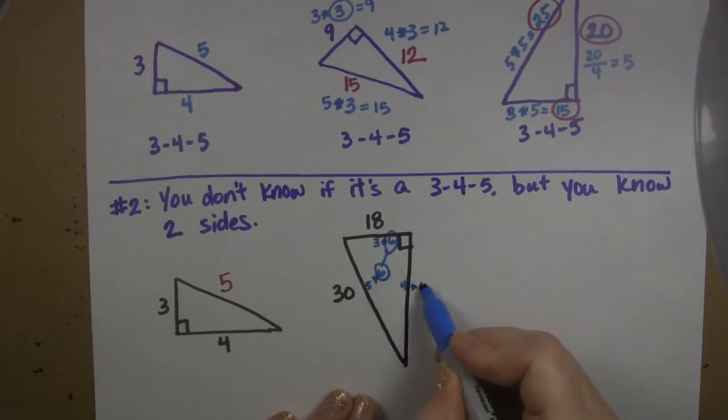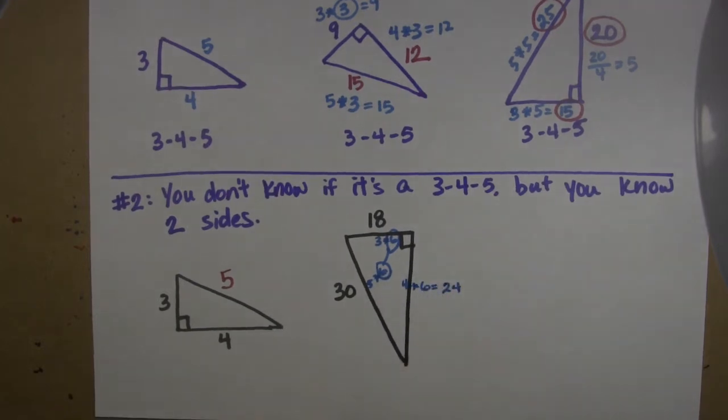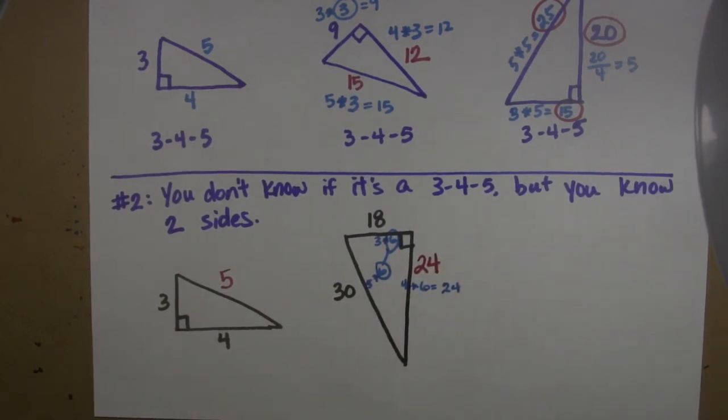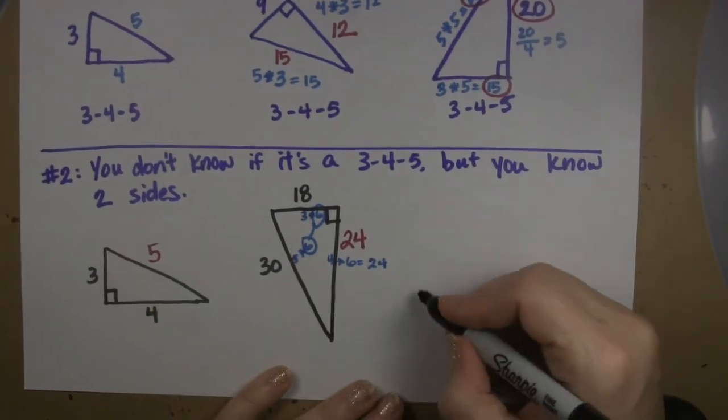I'm multiplying all my sides by 6, so this length must be 24. So now the measurements of this triangle are 18, 24, and 30. If I divide all 3 sides by 6, I get 3, 4, 5. Let's do just one more just to make sure that you have it.